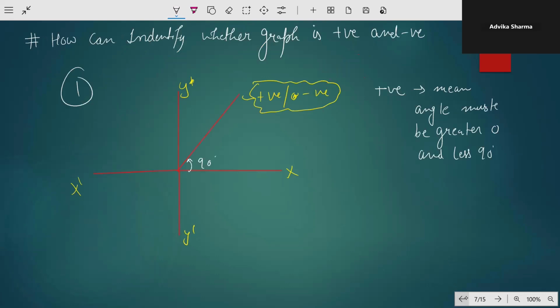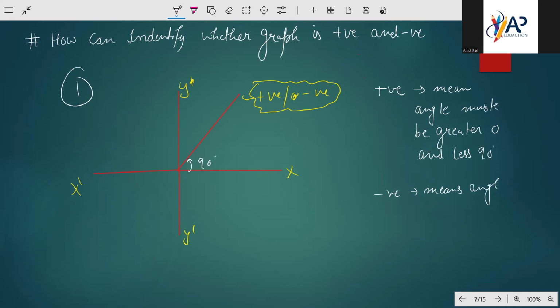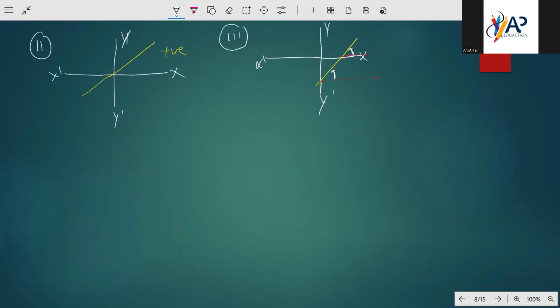So we can say that if it is negative, it means the angle must be greater than 90 degrees. Suppose that this is the angle, x, x, x, y.